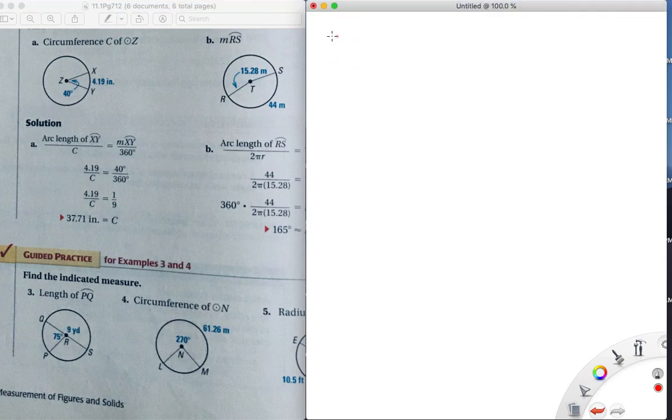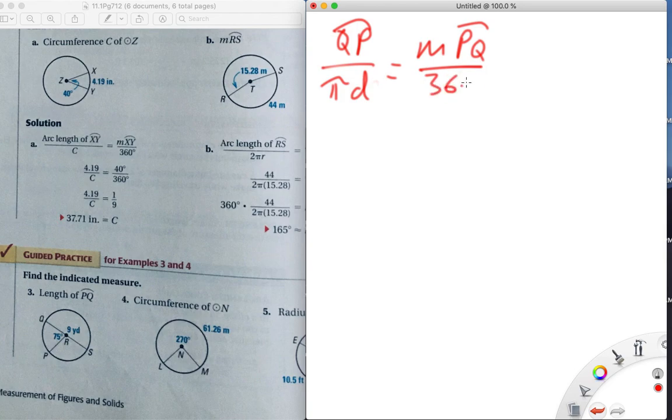Arc length in degrees over 2 pi r. Oh no, they give us the diameter. So since they give us the diameter, it's going to be pi d is equal to the measure of the arc length in degrees over 360.